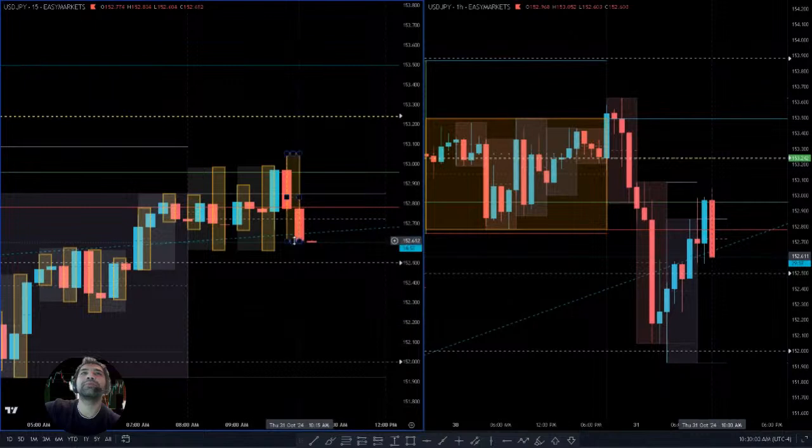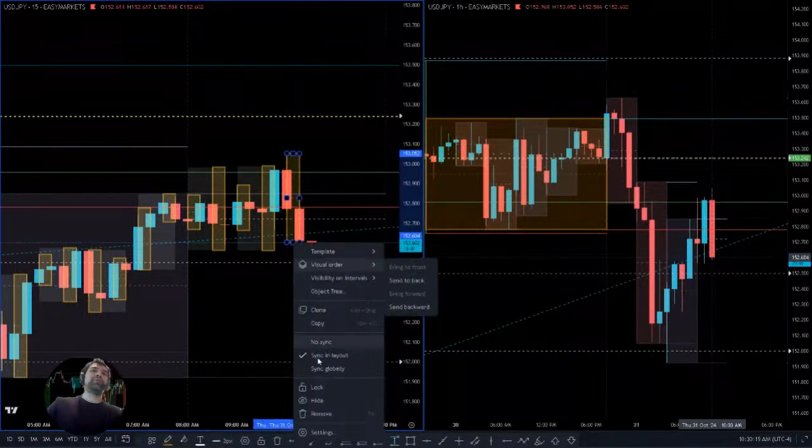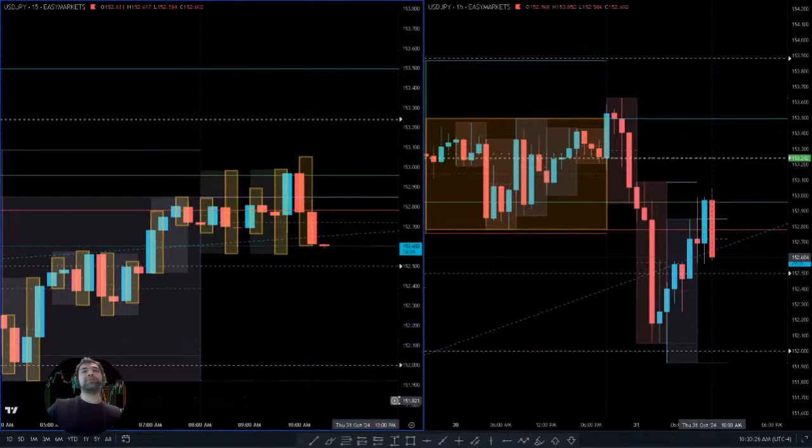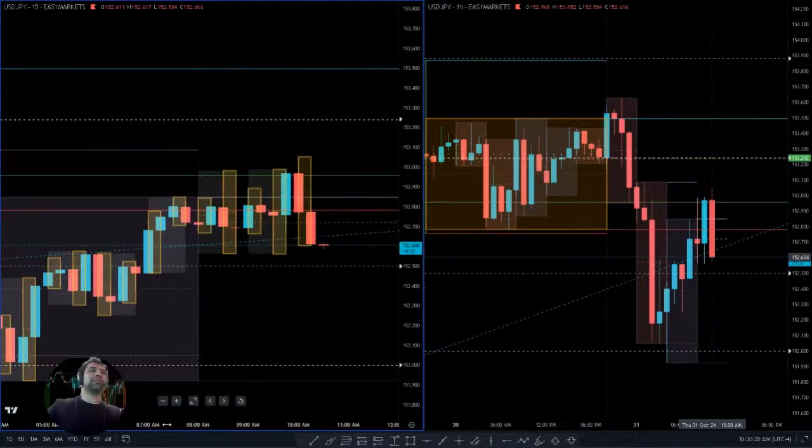So let's see. 44 pip move, guys. 44.8 pip move. Many people would be saying that if a person is in the trade, then this candle looks really good.